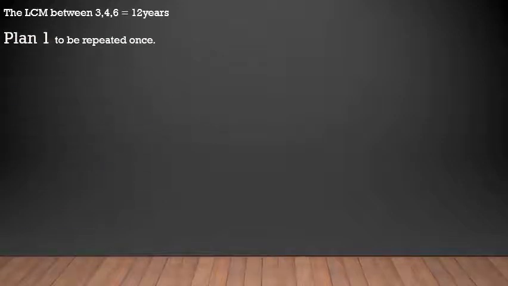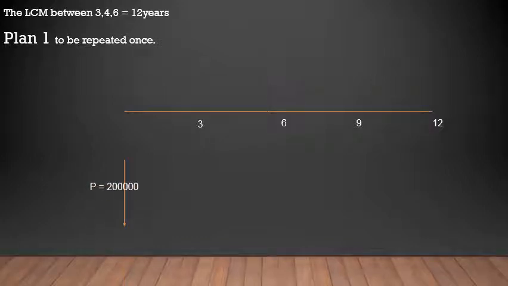So with 12 years, plan 1 has 6 years of life, and hence it has to be repeated once. Let us get the cash flow diagram. It should go up to the 12th year because LCM is 12 years.